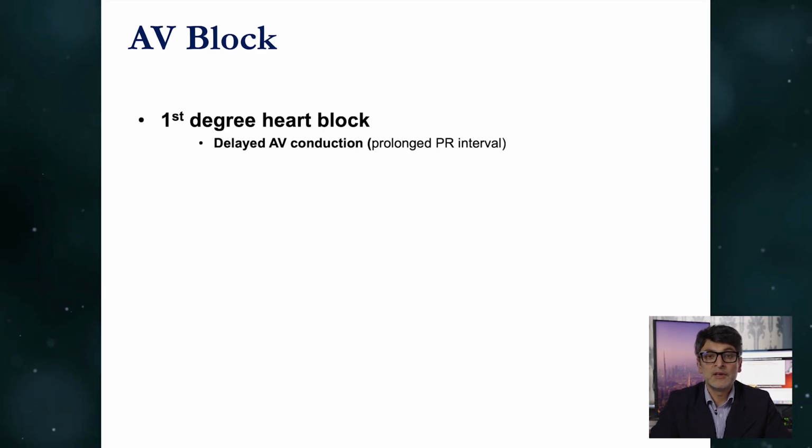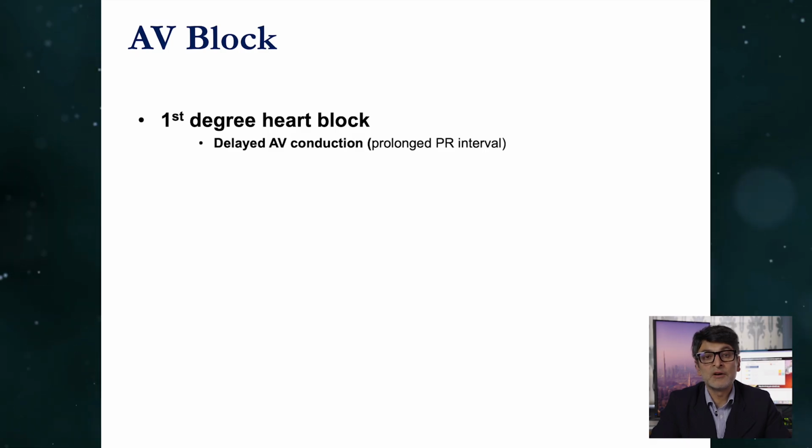And very simply, what happens here is you see a P wave and every P wave is followed by a QRS. So that's already an excellent thing, which means there's no evidence of any high degree AV block. This is first degree heart block. But what you do see is your PR interval, that's the interval between the start of atrial contraction, between the start of the P wave and the start of the QRS, is longer than the accepted higher limits of normal of 200 milliseconds.